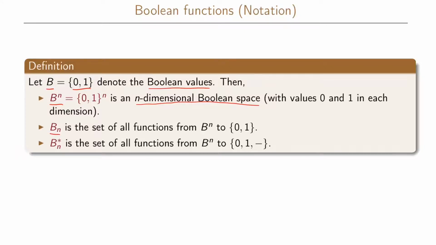B sub n will be the set of all the functions from this n-dimensional Boolean space to the set consisting of 0 and 1. And B star sub n will be the set of all the functions from this n-dimensional Boolean space to the set consisting of 0, 1, and then we're going to add here a term that we're later going to call don't care.